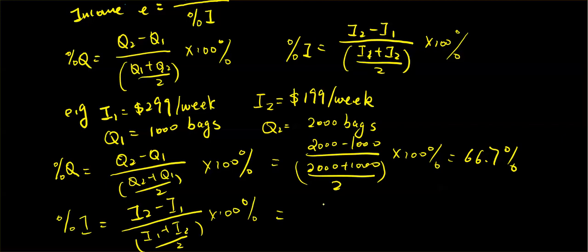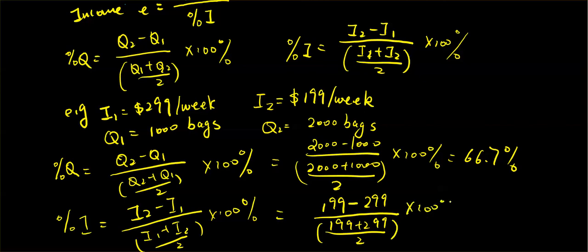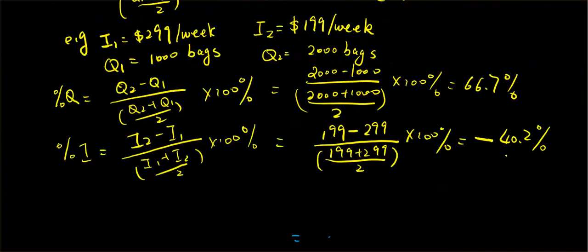So your final income is $199 minus $299 divided by the average income, (199 plus 299) divided by 2, in parentheses, times 100%, and you will get negative 40.2%. So your income decreased 40.2%.